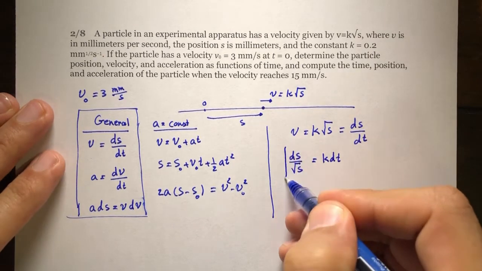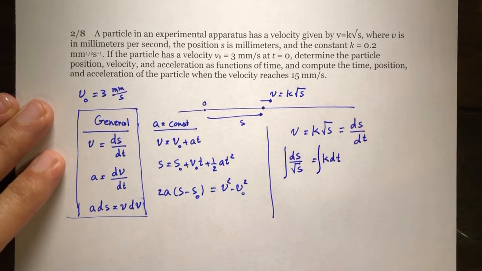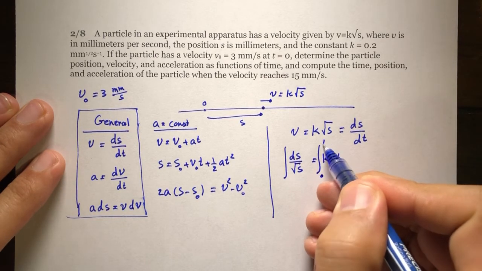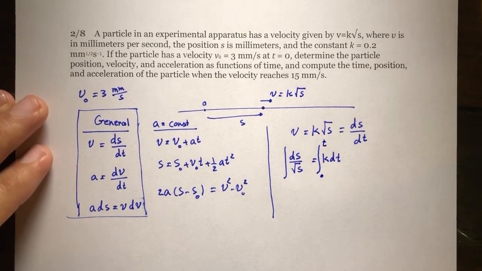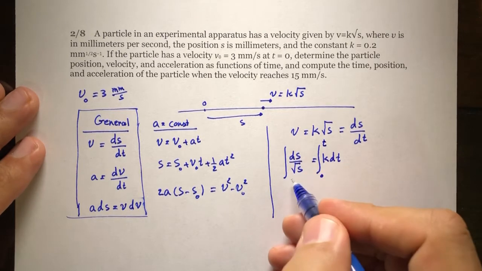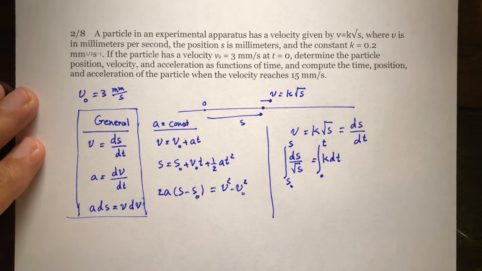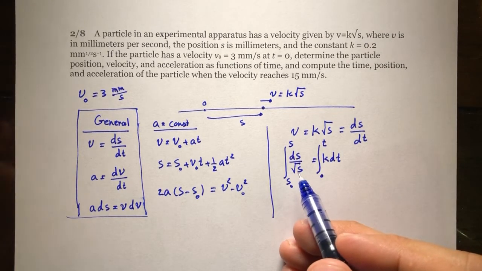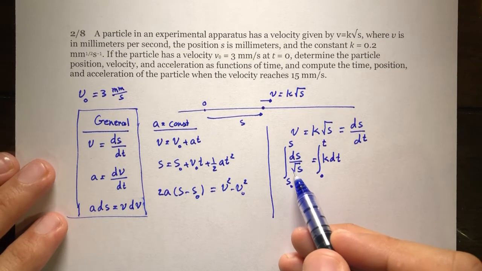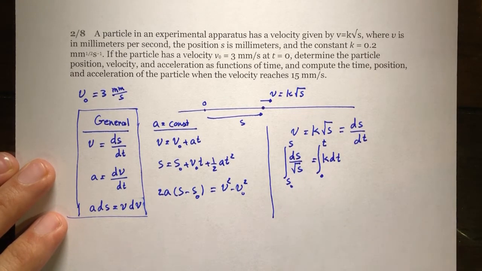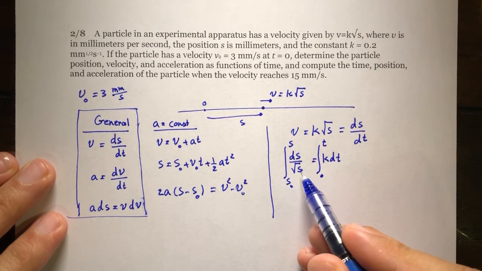So I'm gonna have the integral of this one is equal to the integral of the other one. Time goes from 0 to any given time like t, and s goes from s0 to the current position at time t, right? So the integral of this part, the integral of 1 over root square of s, is gonna be 2 times root square of s, right?